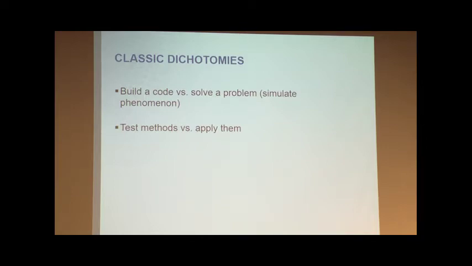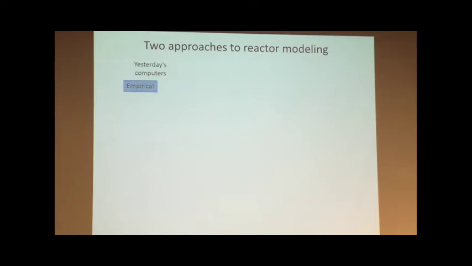All right, so there is the philosophy, and once all of that is straight, you can actually make some progress. And I'll lay it out for a reactor modeling problem. So here are the two approaches. On the one hand, we have empirical modeling, and I'll say that was successful on yesterday's computers, going back to the 1970s.